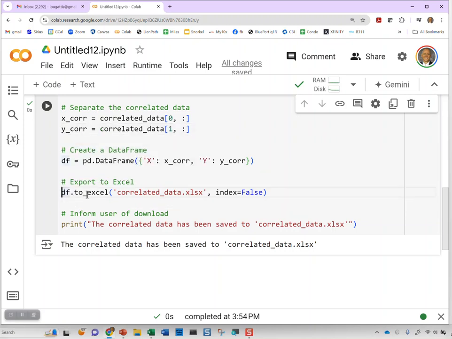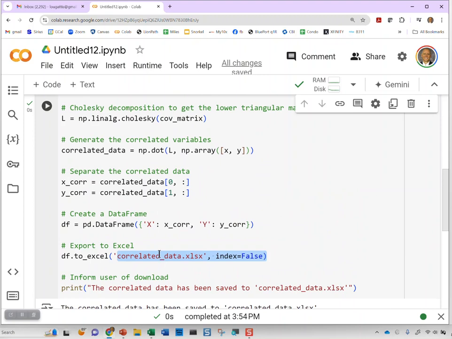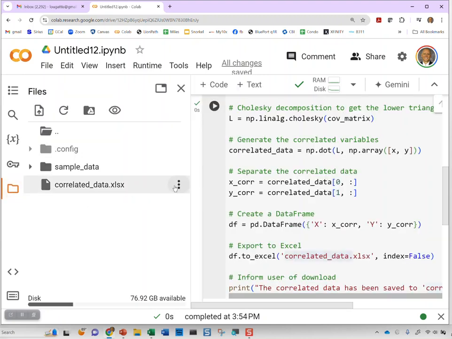It's using df.to_excel. It's going to call it correlated data.xlsx, index equals false, not sure what that means. And then once you run that, we're going to look for the file correlated data. So I'm going to go here. There's my correlated data.